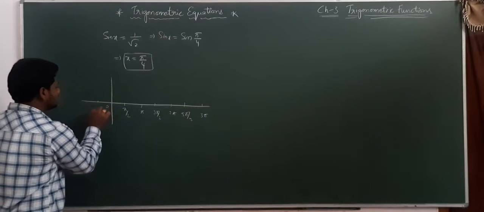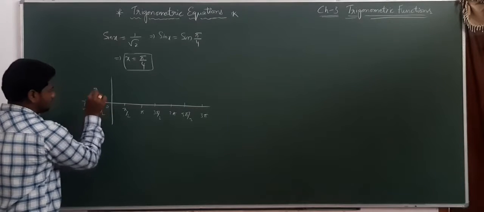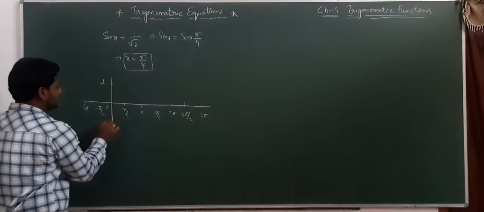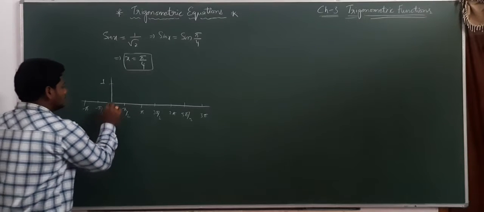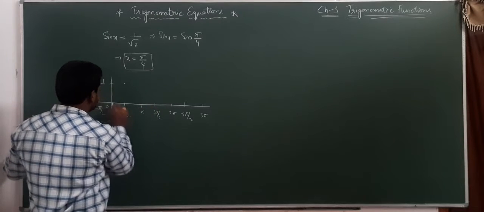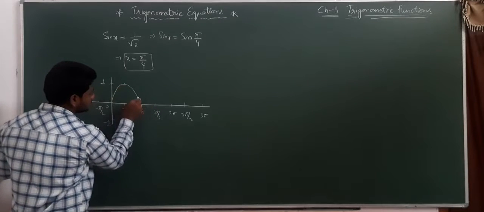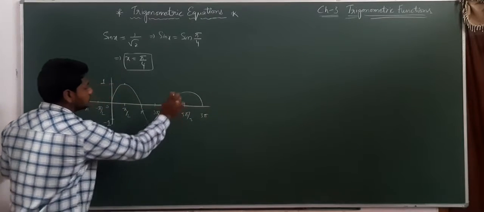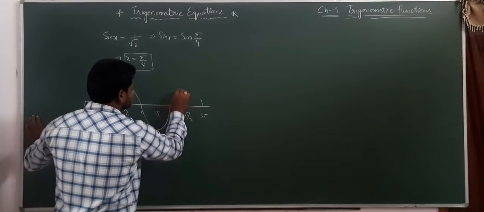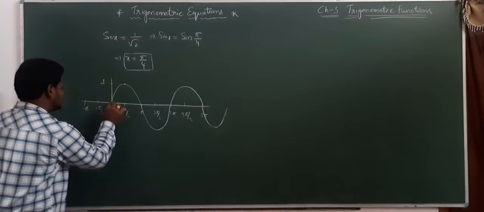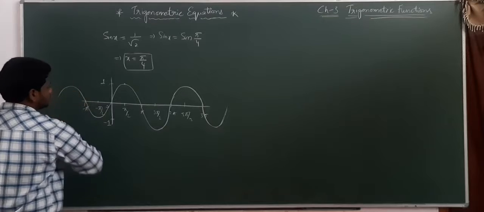On the negative side also, minus pi by 2, minus pi, and so on. If you observe the sine function graph, the range is between minus 1 to 1, you know that. It goes on like this and again continues further.